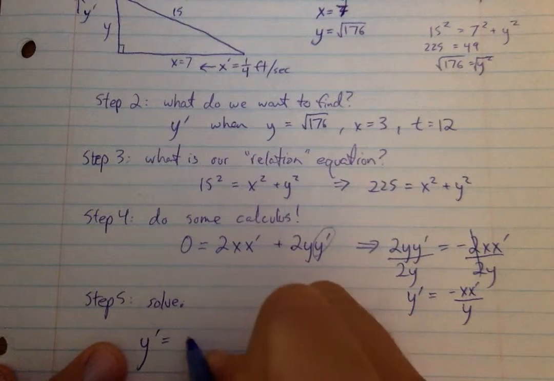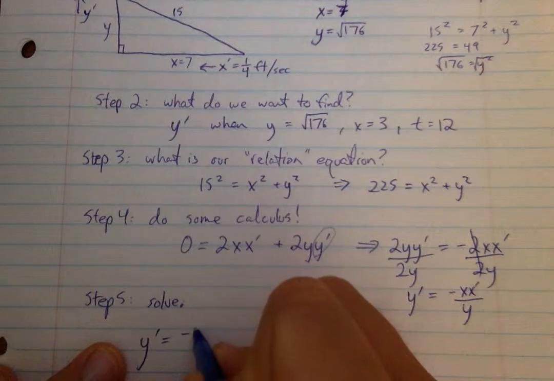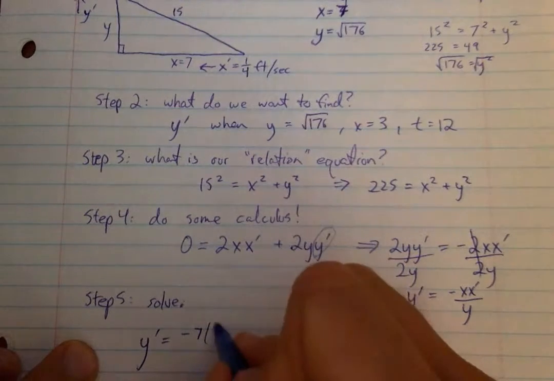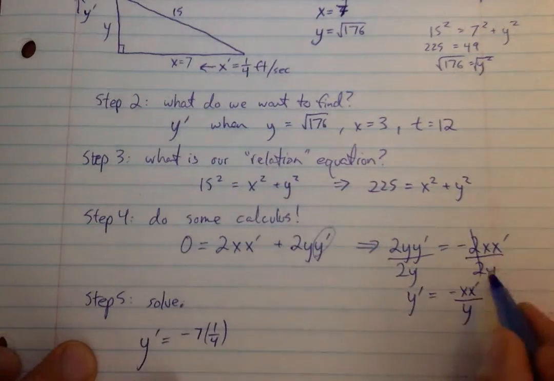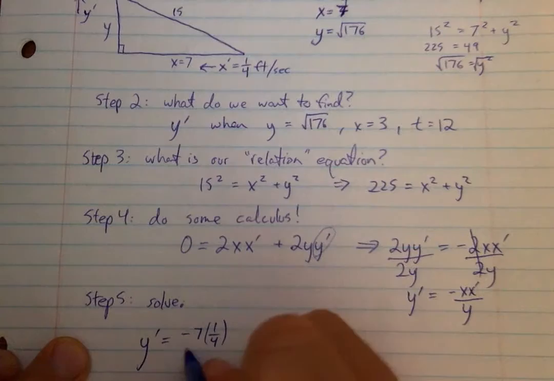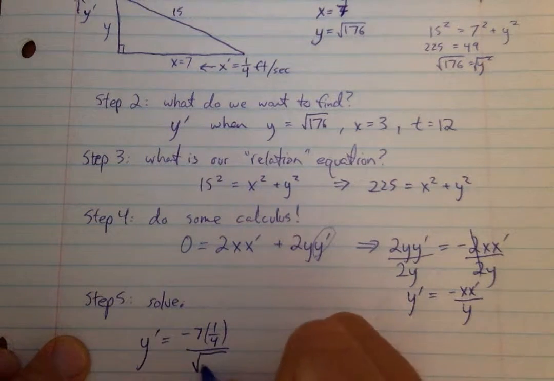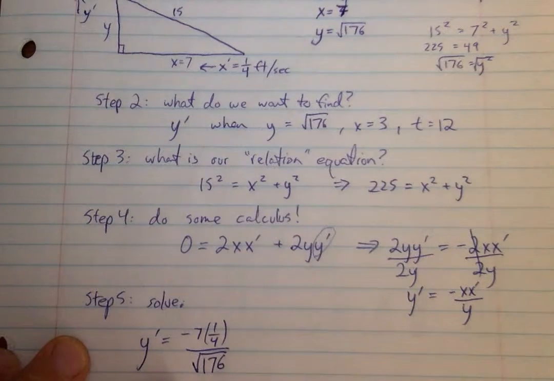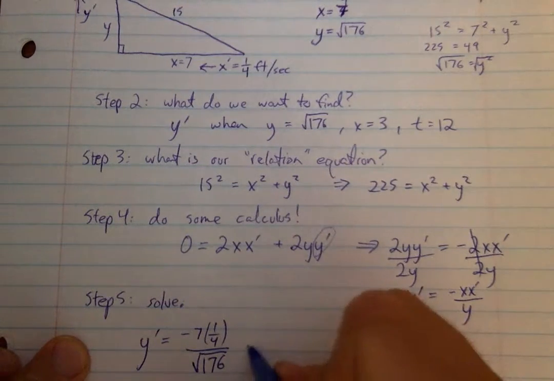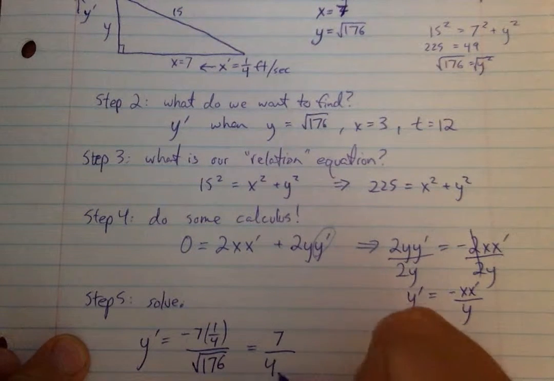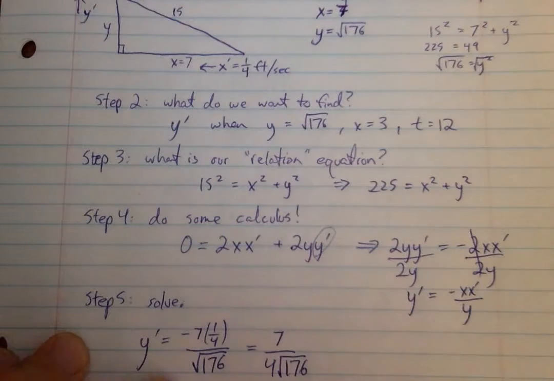Y prime equals negative 7 times 1/4 for x prime, and then over y. And what was y? It was the square root of 176. So that reduces to 7 over 4 times the square root of 176.